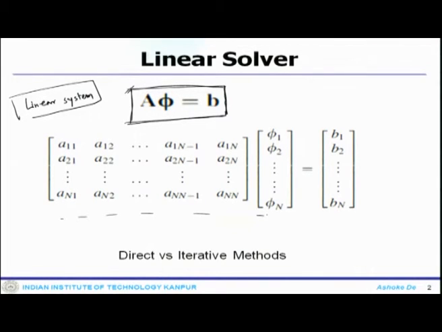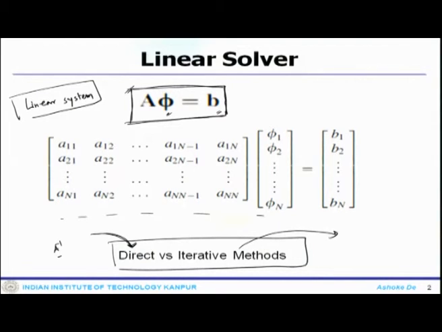There are primarily two approaches one can adopt. I have a matrix, a variable to be found, and the right hand side vector. One can adopt a direct approach, that means you get directly the A inverse, or one can solve iteratively.